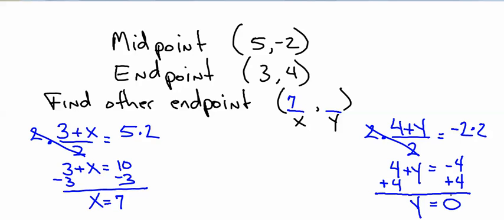Right here? Yeah. That's a +4, so I should have subtracted 4 right here. And right here. And it makes this -8. Thank you.